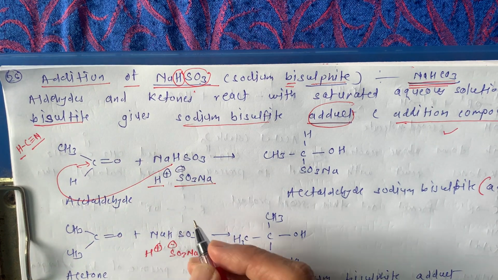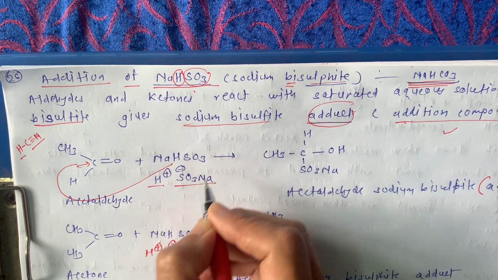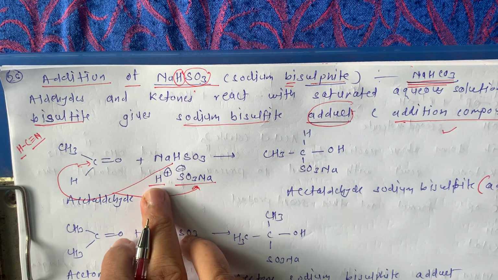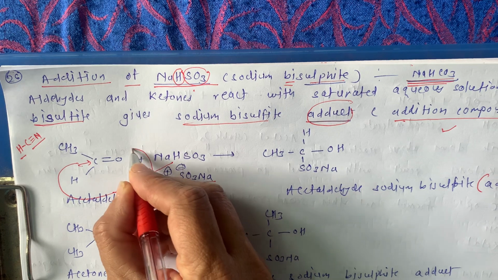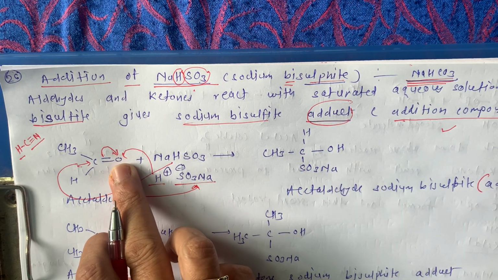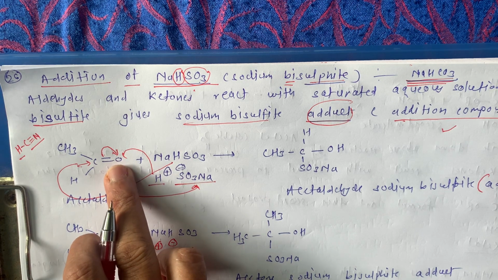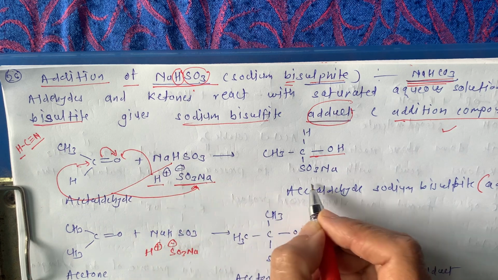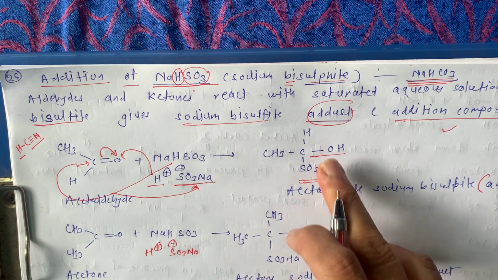Here I have to show SO3Na, and then H is going to add to this oxygen as the double bond is converted into a single bond. O is carrying negative charge, so H attacks this O, and there is formation of OH, and this SO3Na is here.